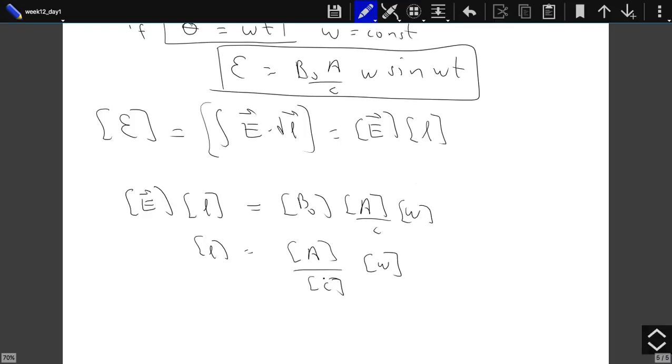Well, C, unit of A, C has the unit of length times unit of omega. Unit of omega. So which has the unit of length. So everything matches.